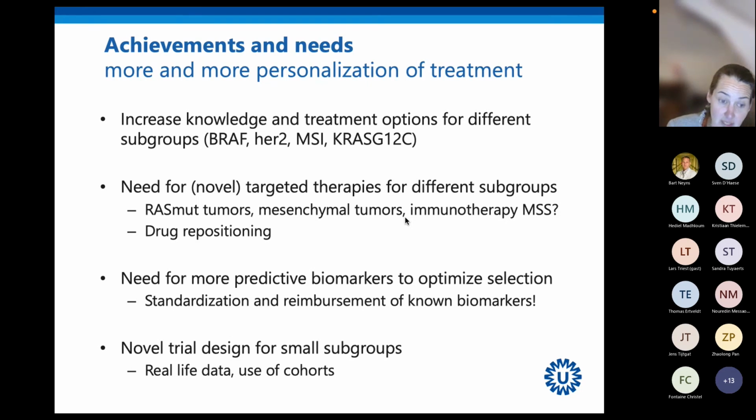It also means that we need novel trial designs for small subgroups, because this KRAS G12C, that's already only 2% of the metastatic colorectal cancer patients. So when we are narrowing it down, we need different trial designs, and you can't do large randomized trials for very small subgroups. So that's a challenge to design efficient trials.